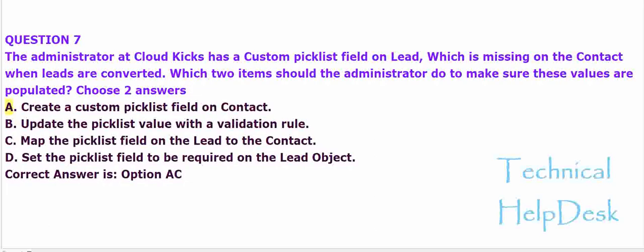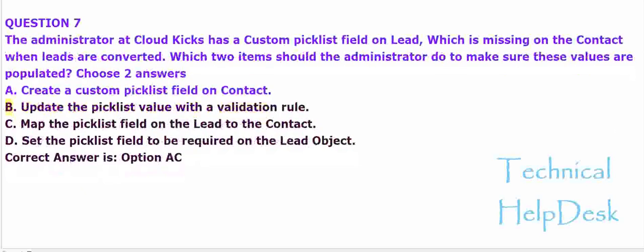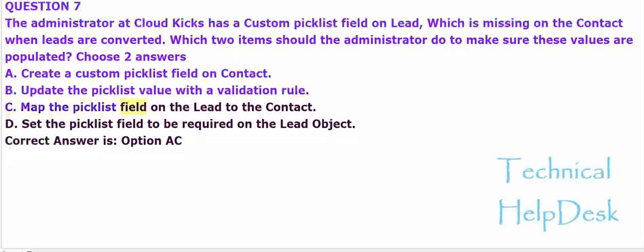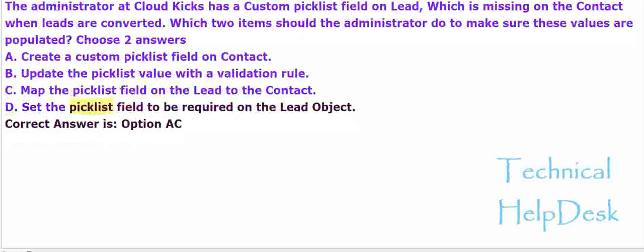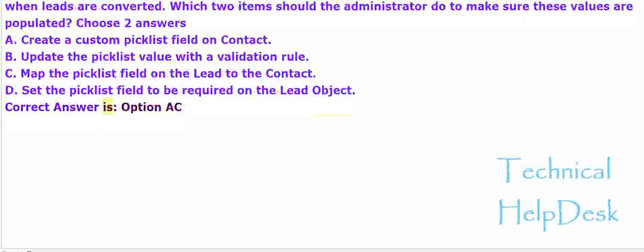A. Create a custom pick list field on contact. B. Update the pick list value with a validation rule. C. Map the pick list field on the lead to the contact. D. Set the pick list field to be required on the lead object. Correct answer is option A, C.